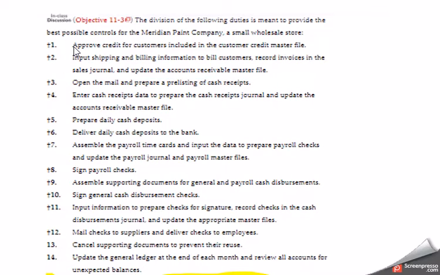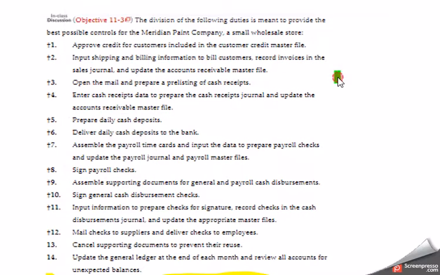So number 1, approve credit for customers included in the customer credit master file. Then we have input shipping and billing information to all customers to record invoices in the sales journal and update that master file. So those 2 shouldn't be the same person.